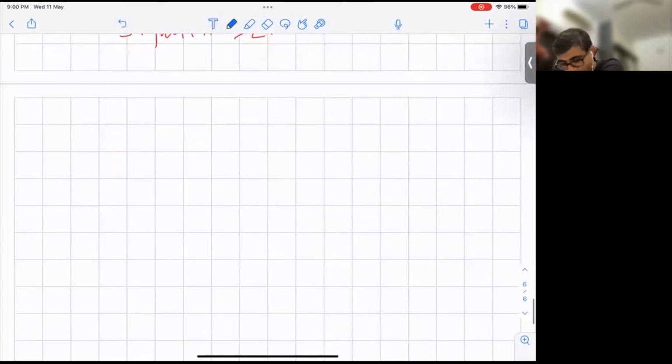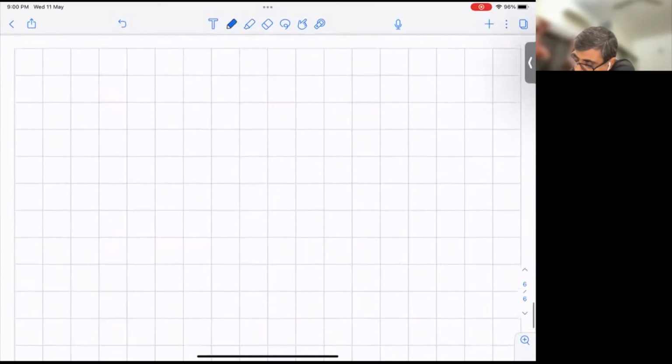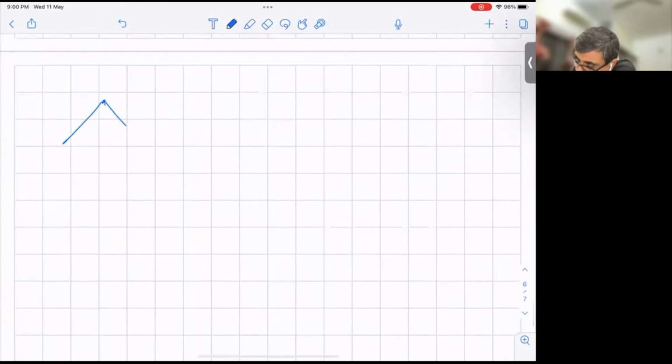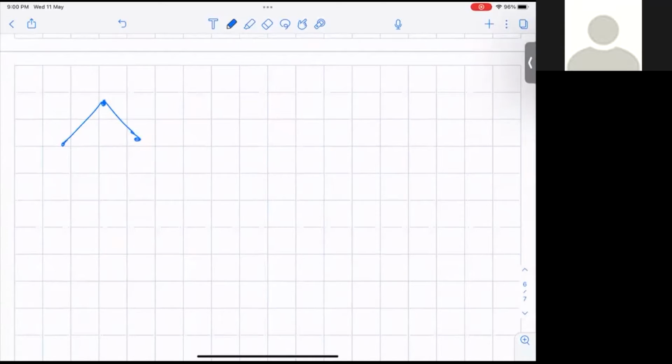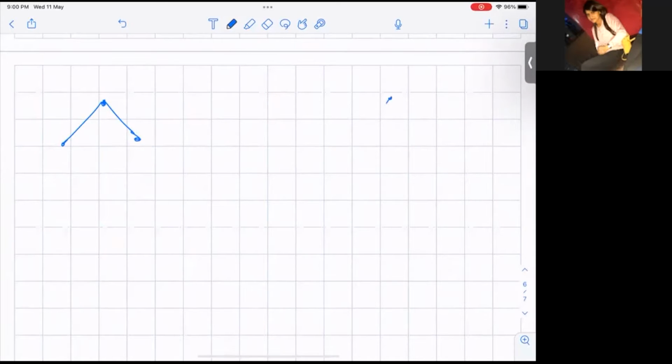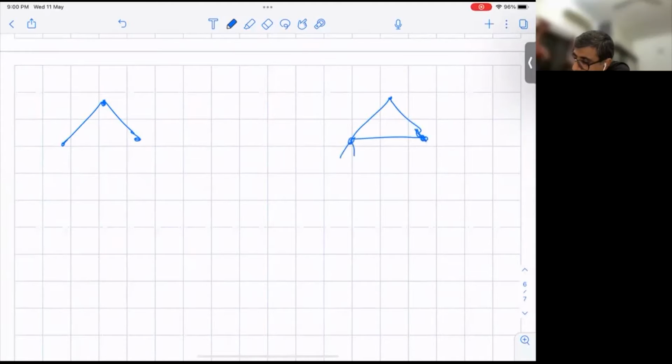Okay. So remember the degree 2 reduction rule? What is this vertex? What is the surplus of this vertex? 1. Exactly. What is the surplus of this vertex?